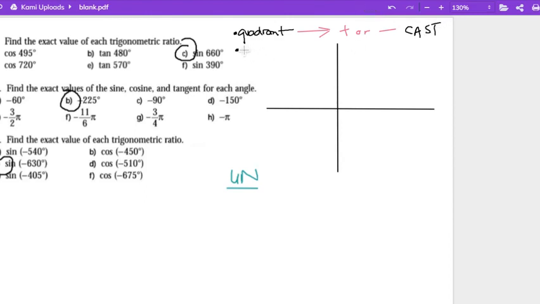And then we need to figure out the RAA, and that will lead us to a special triangle. And that will give us the value of the ratio. Okay, so these are the two things we need to figure out or research.